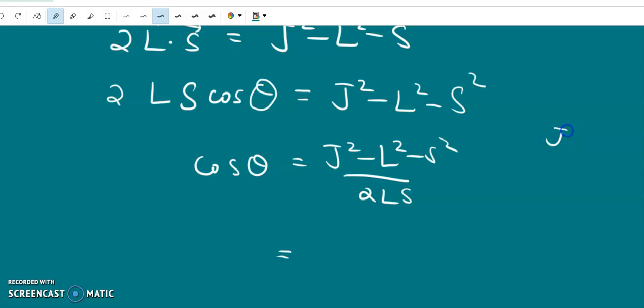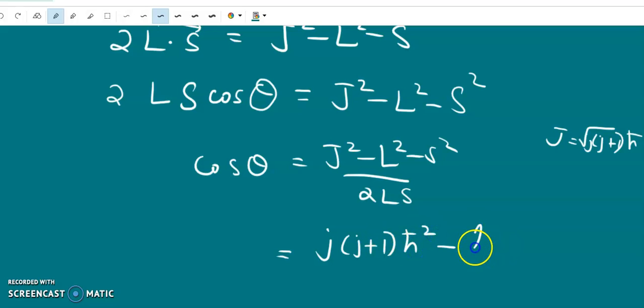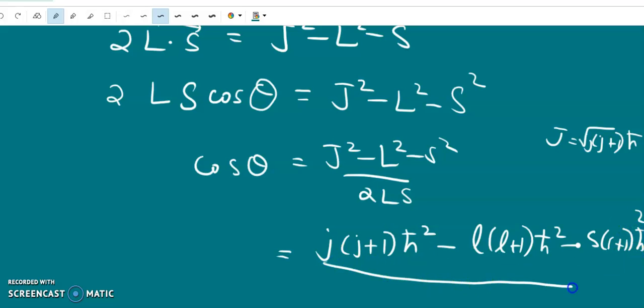So we know that J equals root of J into J plus 1 times h-bar. So therefore J square is equal to J into J plus 1 times h-bar square. L square is L into L plus 1 times h-bar square, and S square is S into S plus 1 times h-bar square. So divided by 2 into root of L into L plus 1 into root of S into S plus 1, h-bar and h-bar will give h-bar square, so you will cancel h-bar square.